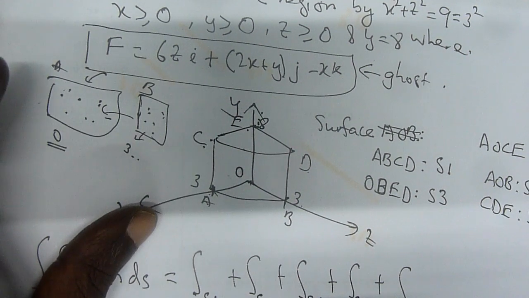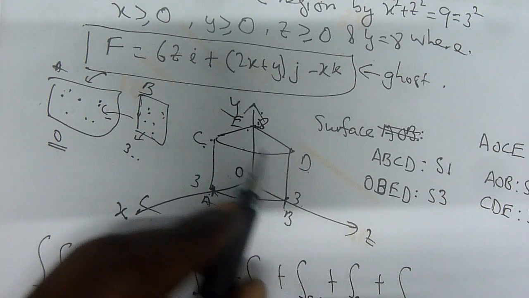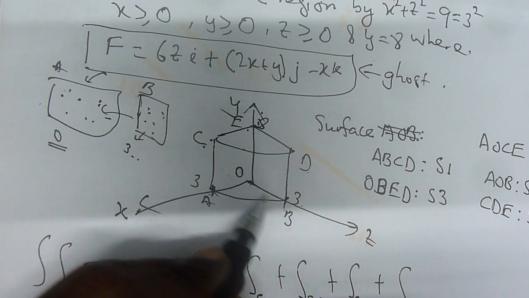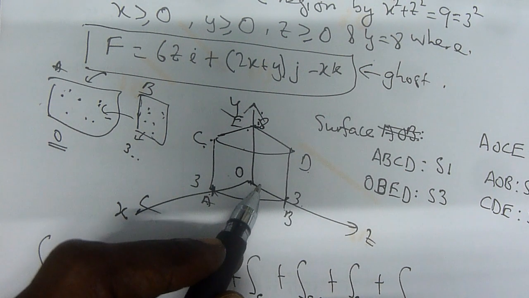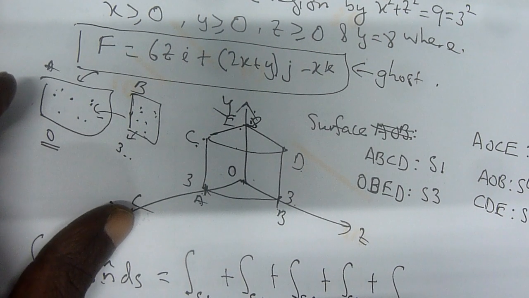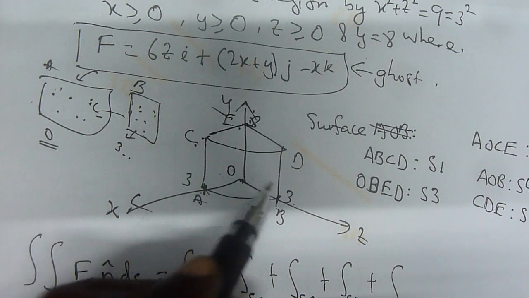As long as you can identify the surface, that is important. As long as you know this is the surface, it shouldn't be a problem. Can you find out the n?